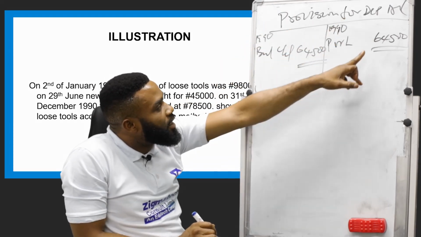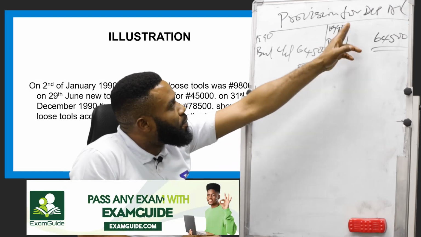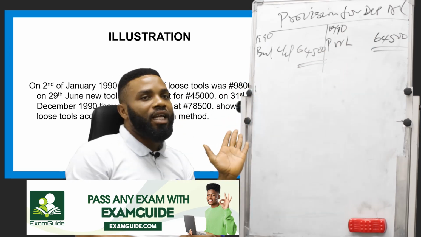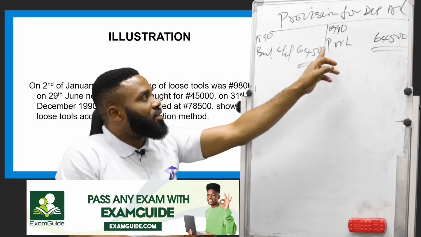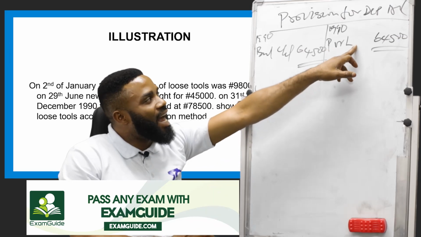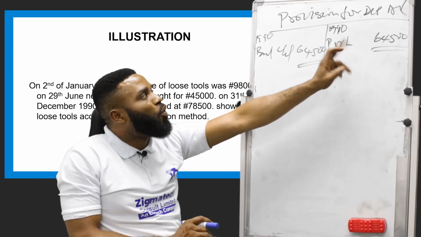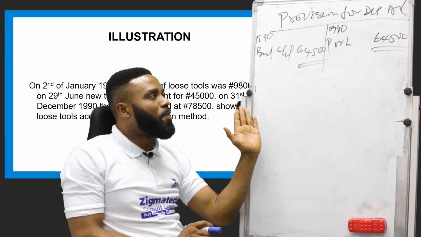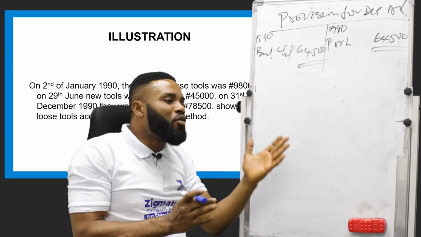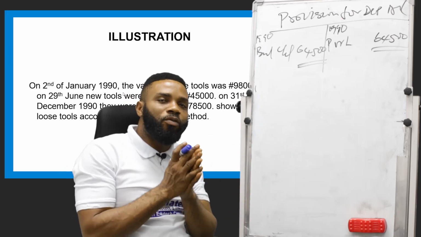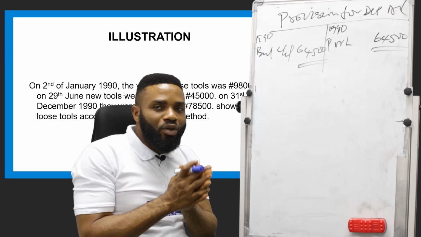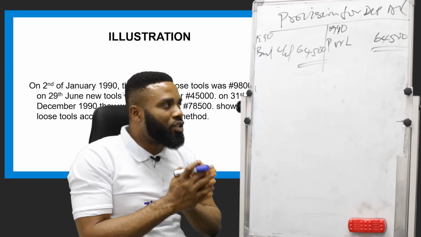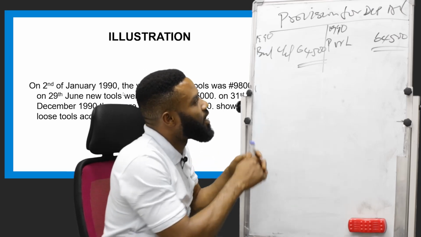Now you see that this value is credited in the provision for depreciation account, while it was debited in the profit or loss account. You can see that profit or loss account is given as the description of the transaction here, while when we were preparing the profit or loss account, depreciation was the description. So anytime you are preparing accounts, you must not forget the double entry principle that states that for every debit entry, there must be a corresponding credit entry and vice versa.